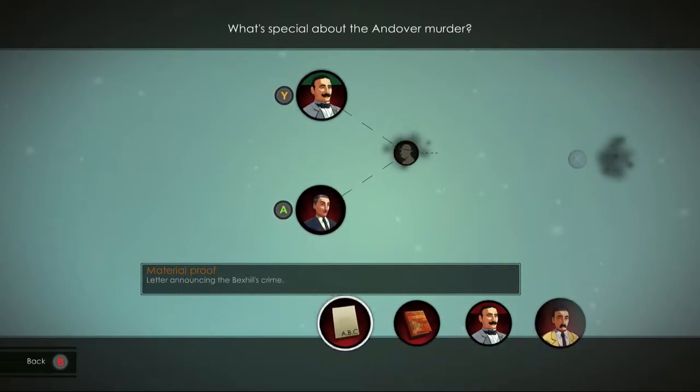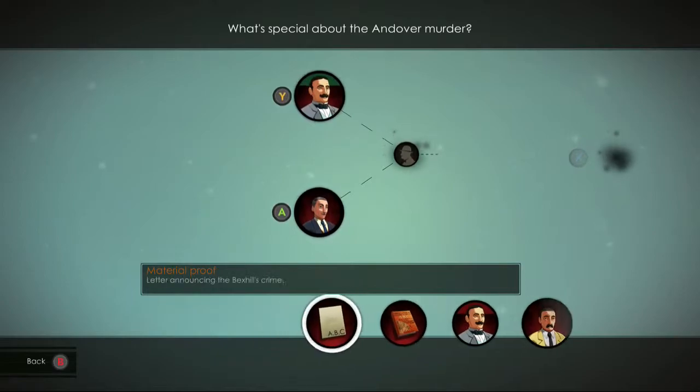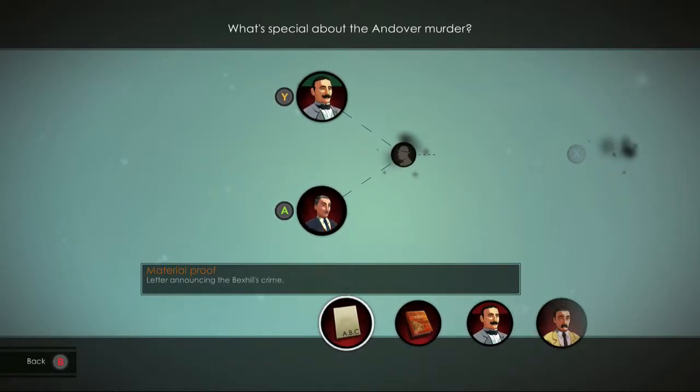Okay, enough guessing. The Andover ABC guide, letter announcing the Bexhill crime.